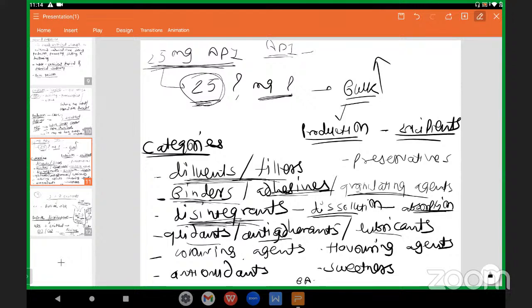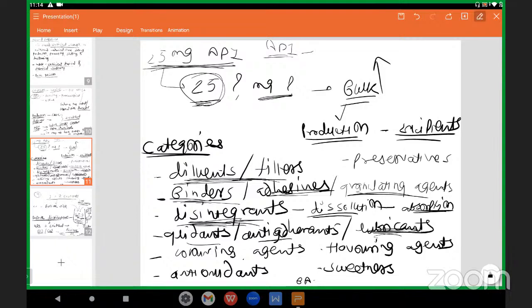Next one, tell me about the glidants, antiadherents and lubricants. What is the purpose of each? Can anyone tell me what is the purpose of glidants or antiadherents or lubricants? Lubricants तो आपको common word है, काफी common word है, you know the meaning of lubricants, right? Glidants increase the flow property of the powder.